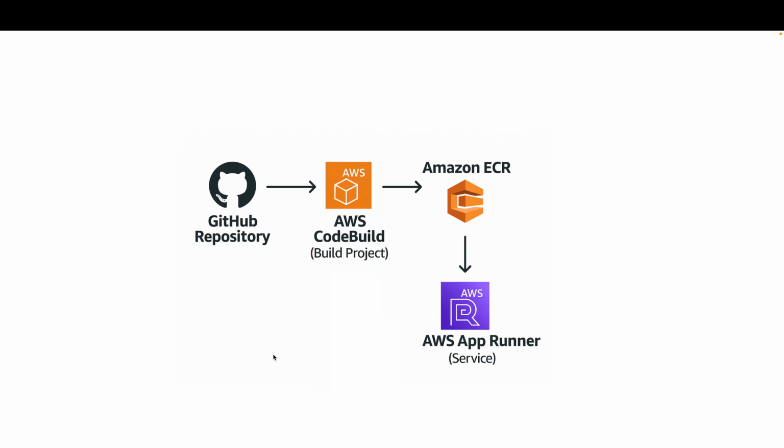automatically. You don't have to do it, because we have used a small instance for CodeBuild as well as the App Runner. So it might take a little bit of time to deploy, but it will deploy, because our application is not that big.